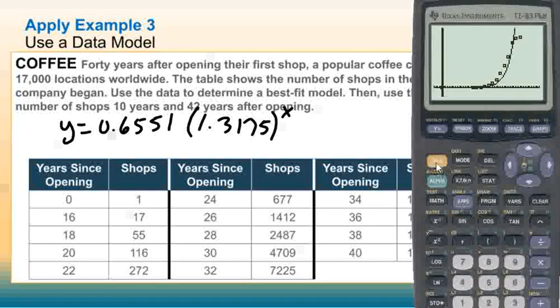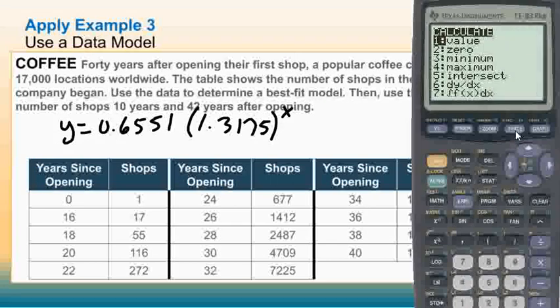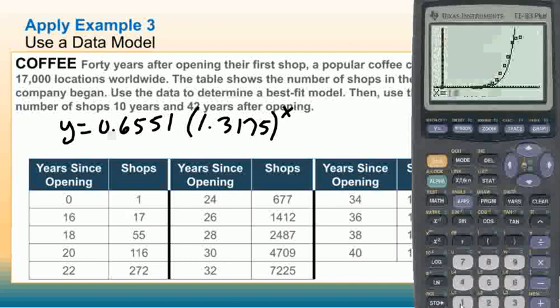So second trace says 10 years, so find the value, number 1, we do 10 years. It tells us 10.322. So in 10 years, we would have about 10 shops.